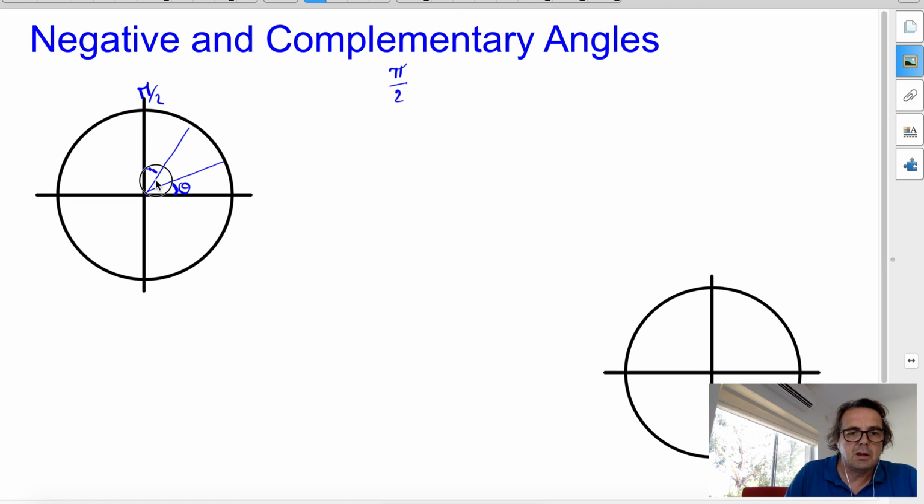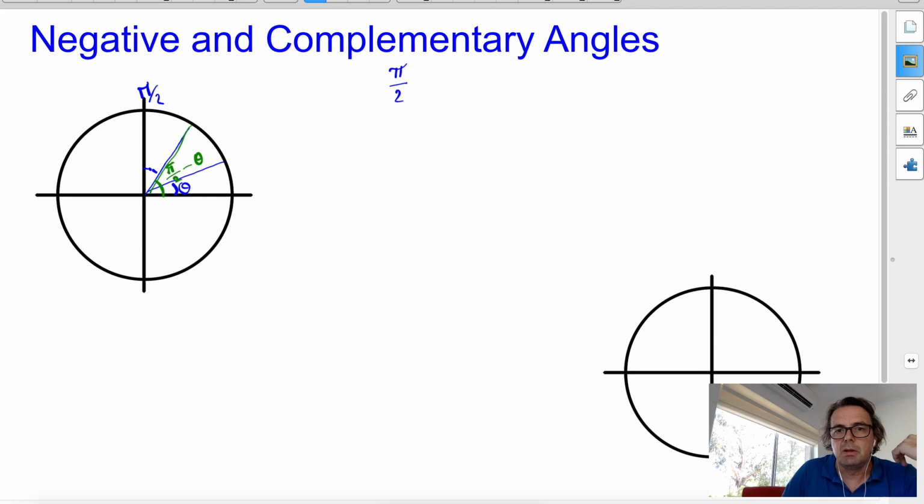So the green angle is pi over 2 take away theta. Let's try that again. Pi over 2 take away theta. So the blue angle is theta, the green angle is pi over 2 take away theta.